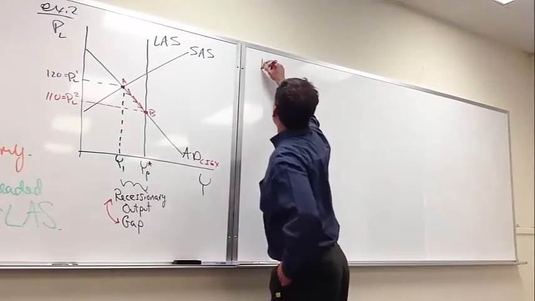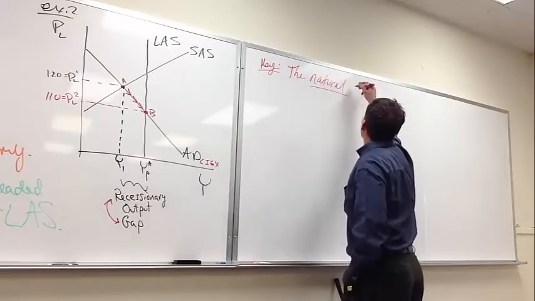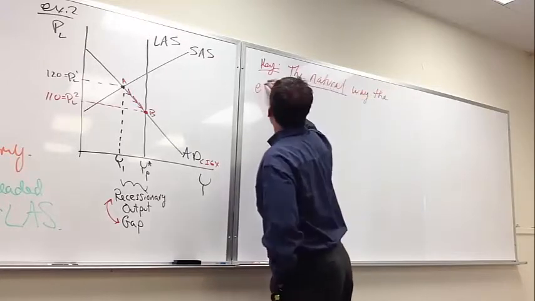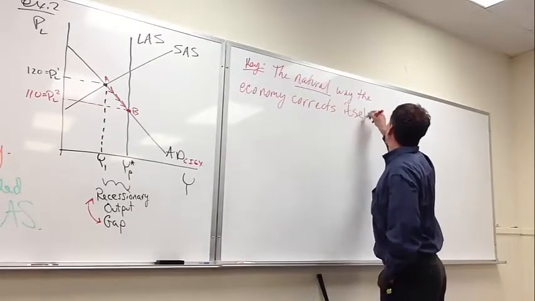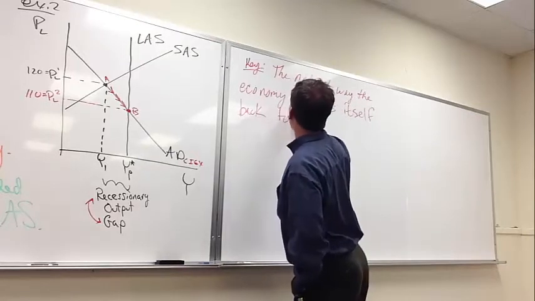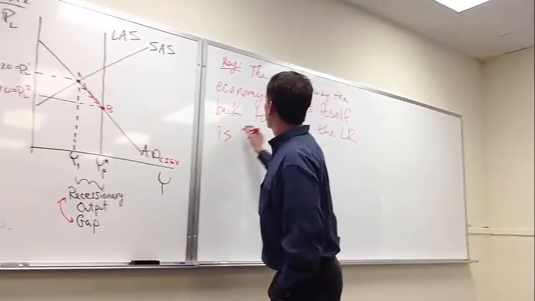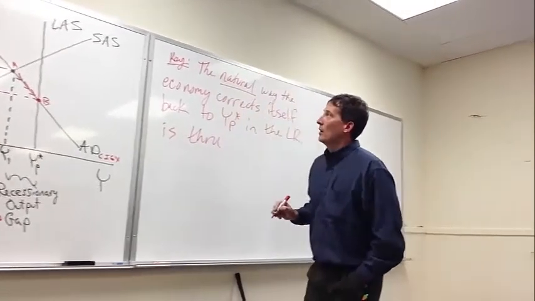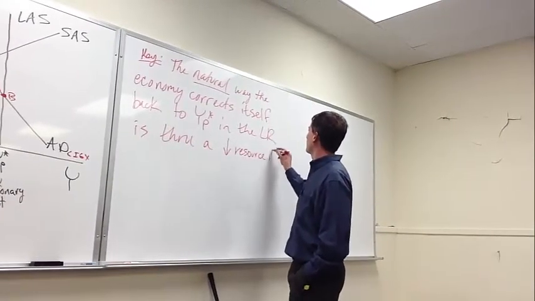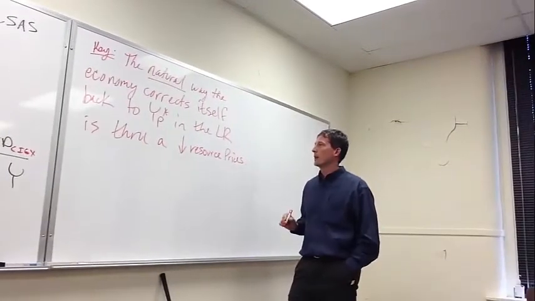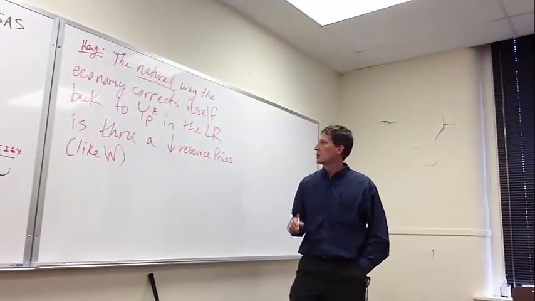All right, so key point here: the natural way the economy corrects itself back to potential in the long run is through a decrease in resource prices, like big W that we've been putting, the nominal wage.